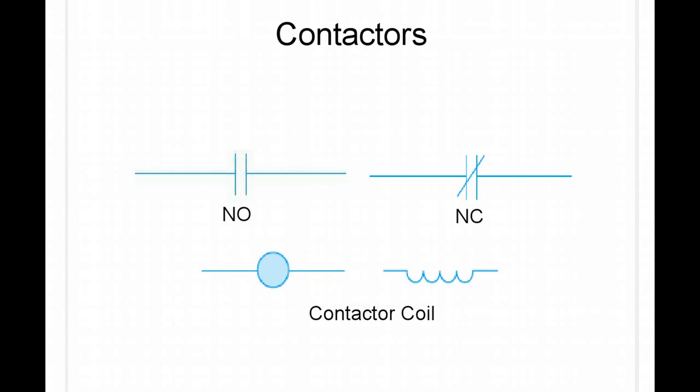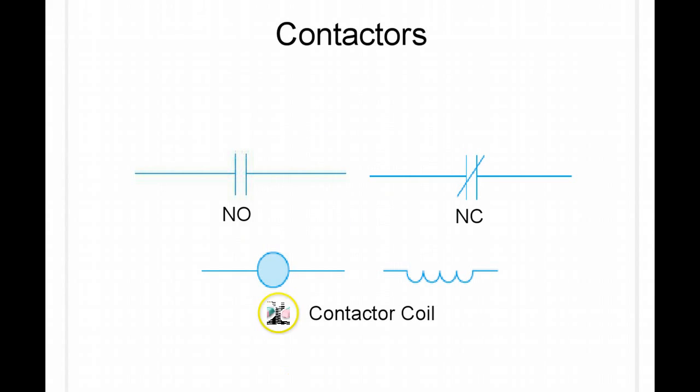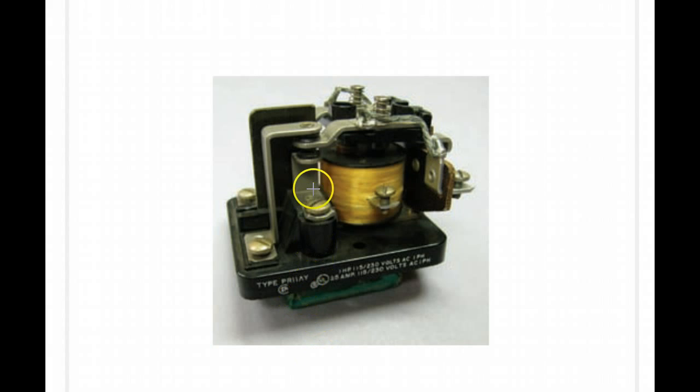Now let's take a look at the contacts. Let's look at the normally open contact first. Remember, when no power is applied to these contactor coils, it is a normally open connection, so no voltage or current will pass through. And that is represented by this part right here.